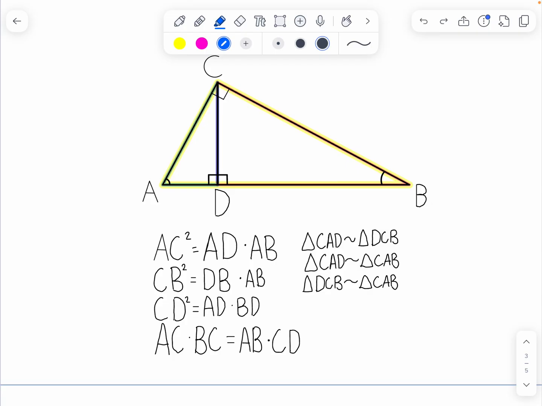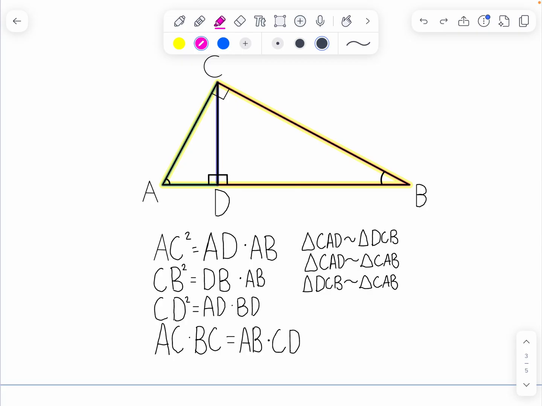The other theorem is CB squared is equal to DB times AB. And then for the third one, we have CD squared equals DB times AD.